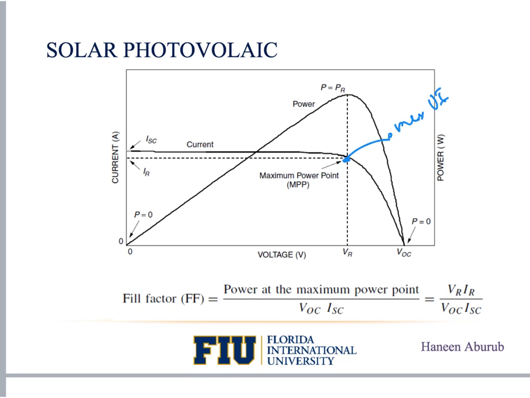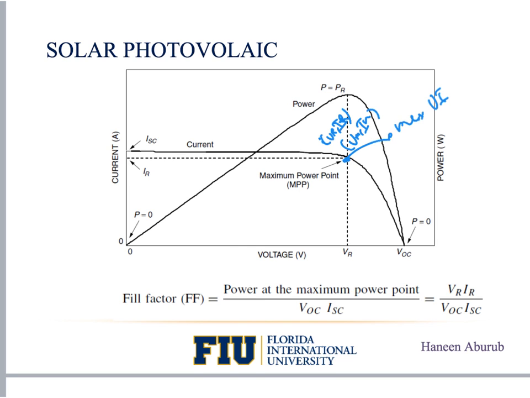The voltage and current at the maximum power point are sometimes called VR, IR, or VM, IM.